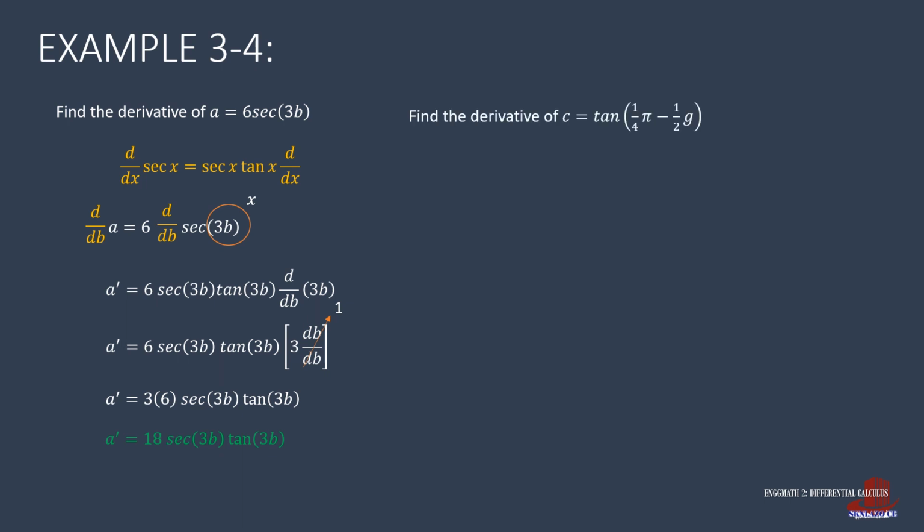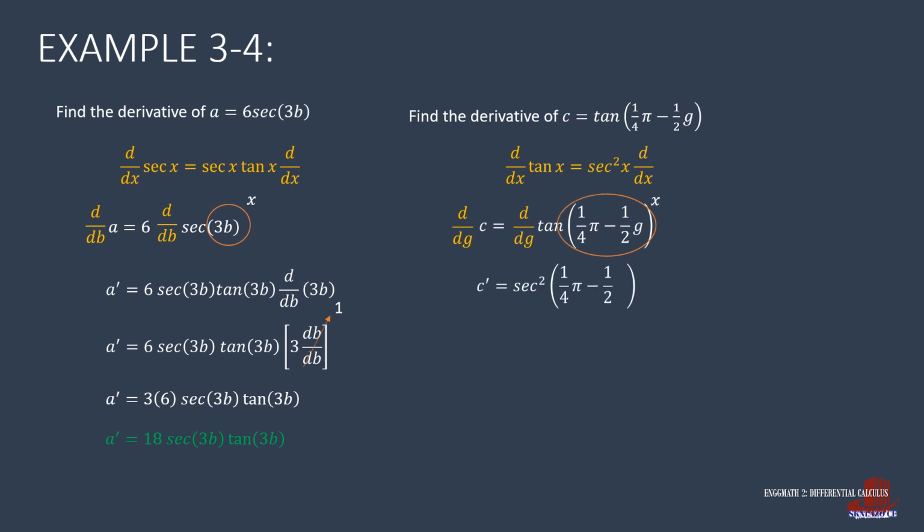The next function to derive is c is equal to tangent of the quantity a quarter of pi less half of g. This time, the trigo function involved is the derivative of tangent x, which is secant squared of the angle. So in differentiation, we take x as the quantity of the quarter of pi less half of g.